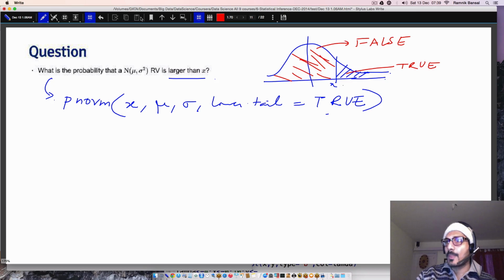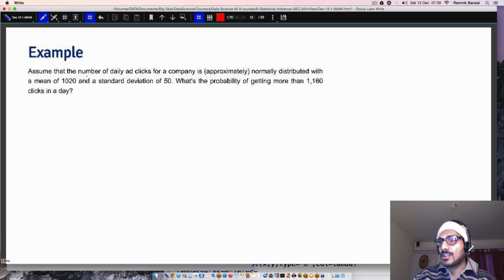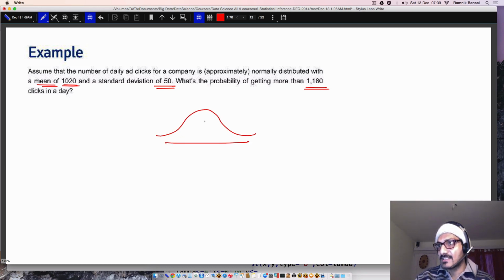Correct? Okay. Assume that the number of daily ad clicks for a company is normally distributed with the mean of, so here is my mean, standard deviation 50. What is the probability of getting more than 1160 clicks? So what am I interested in? I have this graph here like this. I have 1020 and then I have 50, which makes it 1070, a single standard deviation.